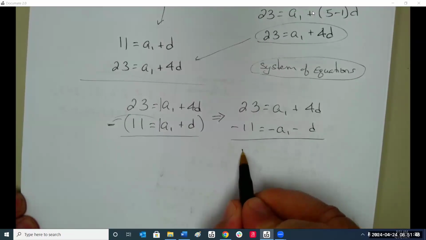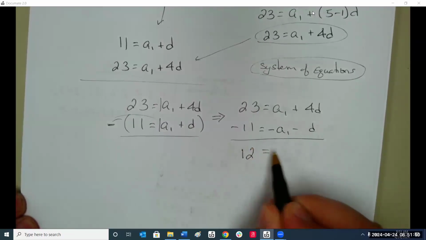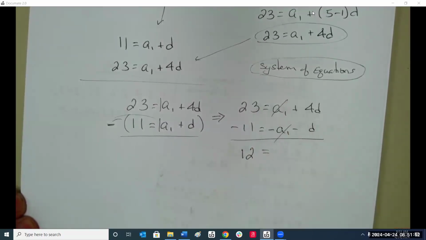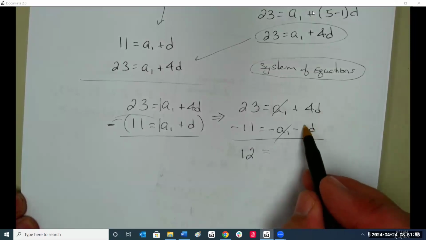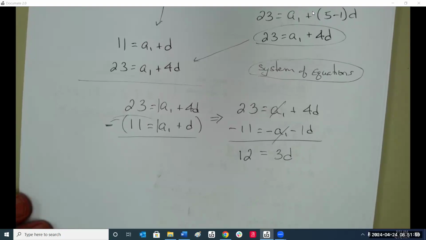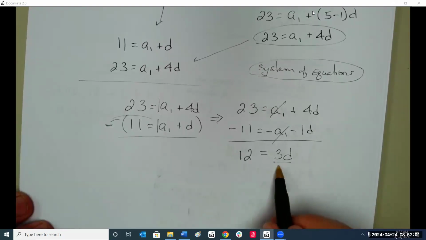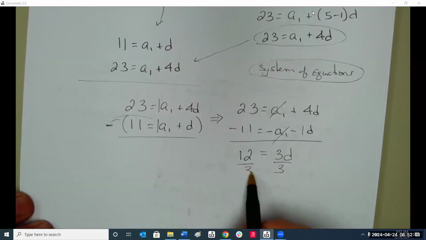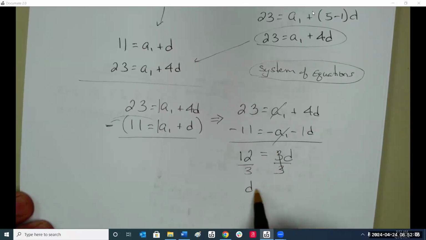23 minus 11 is 12. The a minus a cancels. 4d minus 1d is 3d. So d is equal to 4.